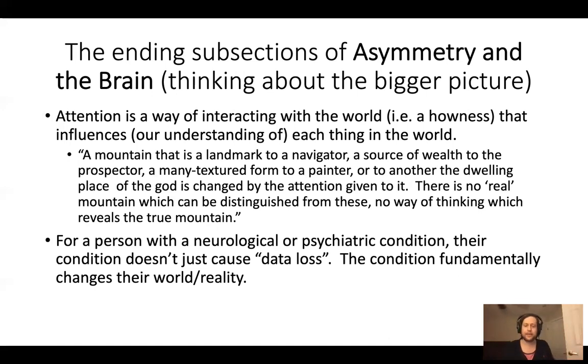It can change their reality. Things which outside of the individual we see differently, they're seeing in a completely different way because they can only attend to the world one way. They don't have the flexibility of attention that others might have. So the inability to use attention, he says it pretty literally, can change their world. It can change their reality.